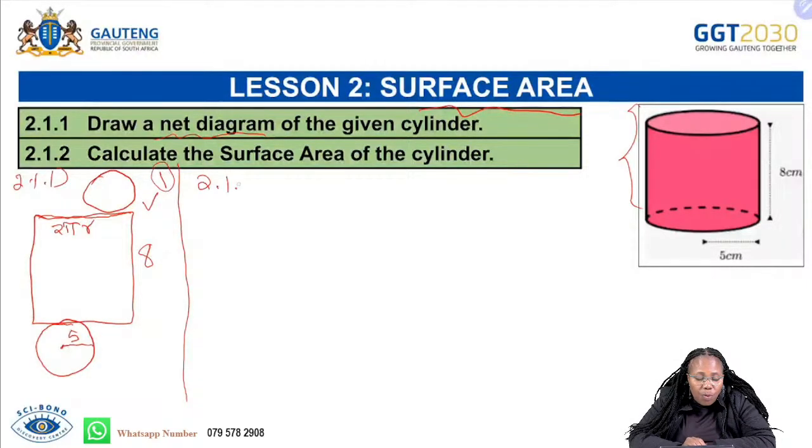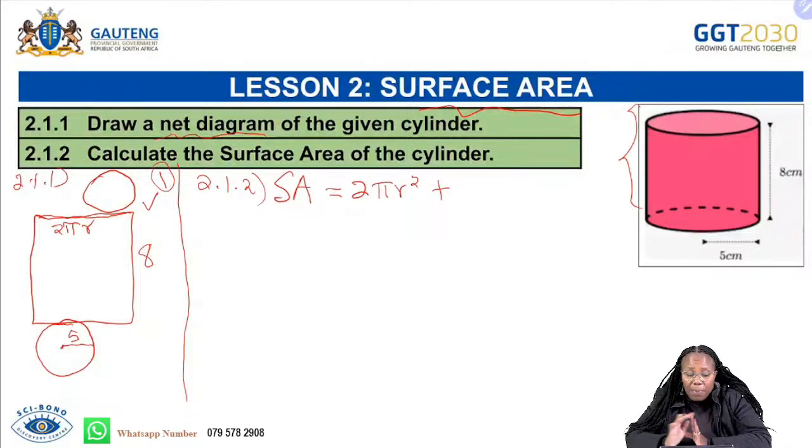And then 2.1.2 now, calculate the surface area of this cylinder. Surface area of the cylinder will be how much now? The area of 2 circles, that is 2 pi r squared, plus the area of the rectangular part, that will be length by breadth.